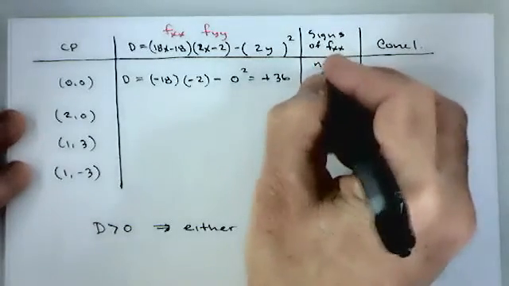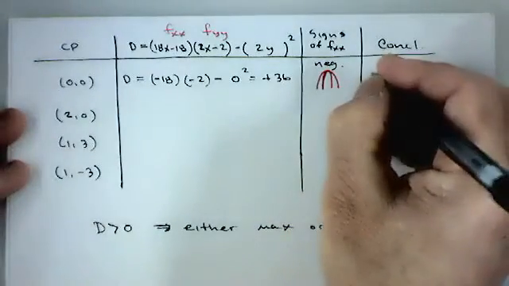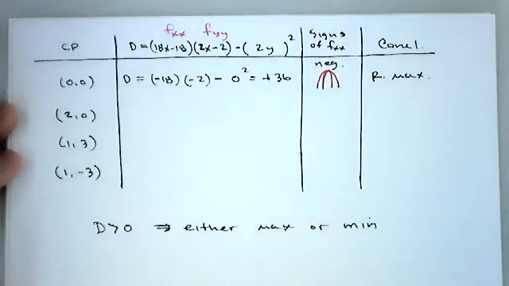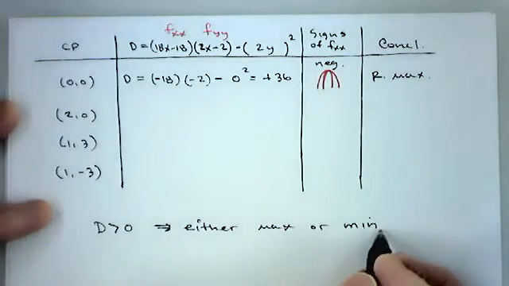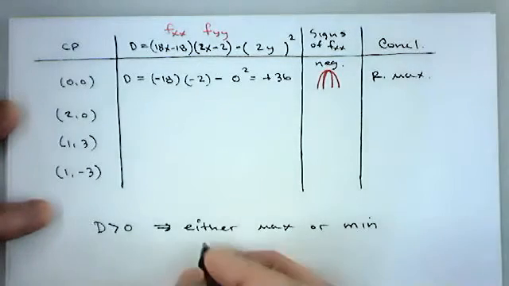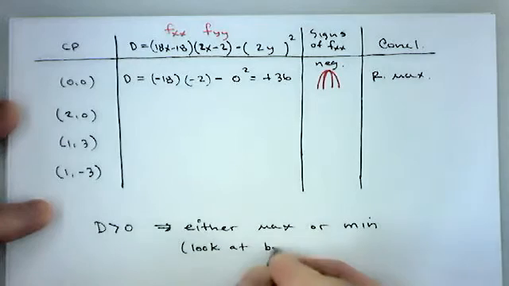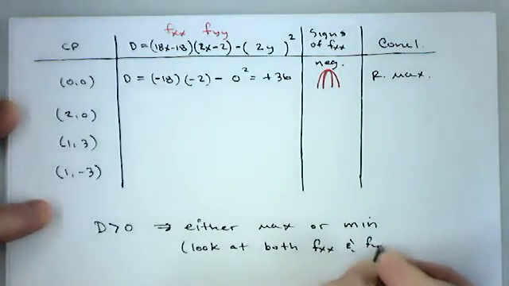Since it's negative, that tells you it's concave down, which makes this a relative max. So how about here? I put either max or min. Rather than memorizing the formula, look at the concavity. Look at both f sub xx and f sub yy.